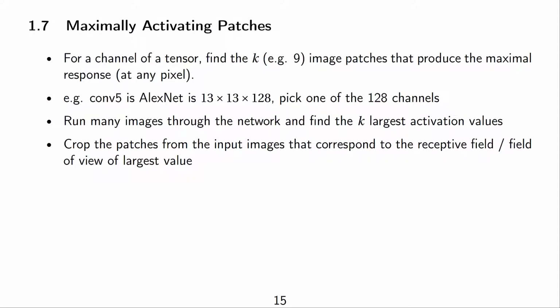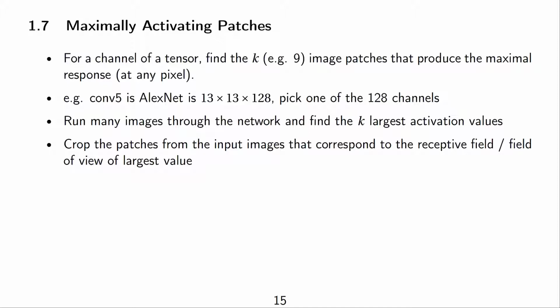Another idea is to visualize maximally activating patches. Again, we're going to pick one particular layer in the network, let's say layer number 8, and then we're going to pick one particular channel, let's say channel number 27. For this channel, we might say, okay, let's go through the complete training data set and pick the k images, let's say k equals 9, that produce the maximal response in this channel.